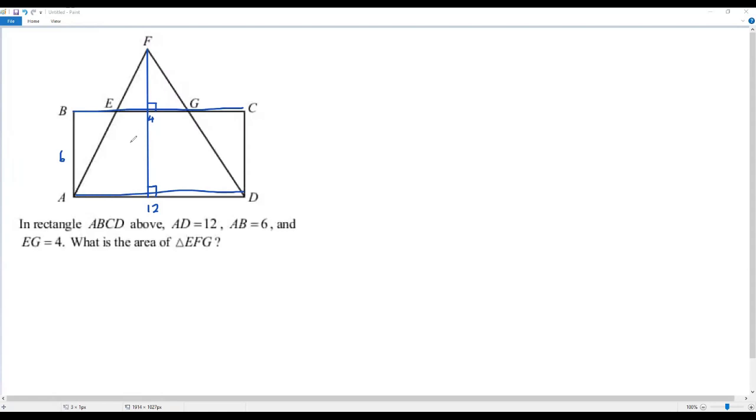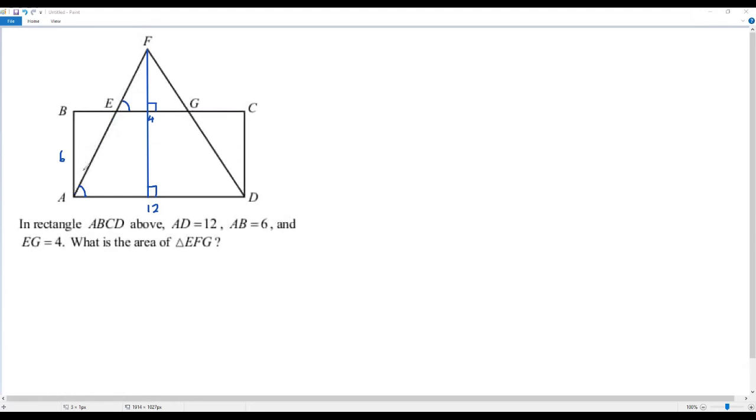We know that in a rectangle, opposite sides are parallel. So the two line segments AD and BC are parallel. Now we can consider AF as a transversal because it intersects the two parallel line segments AD and BC. Since the two parallel line segments are intersected by the transversal AF, we can consider the angle measure over here and the angle measure over here. These two angles are corresponding angles and they must be equal in measure.